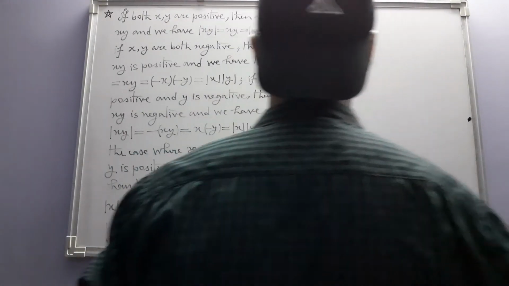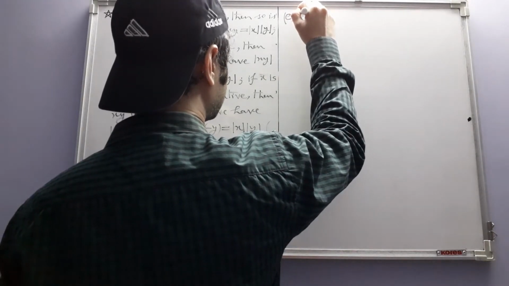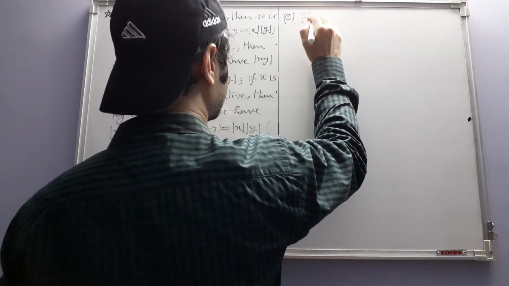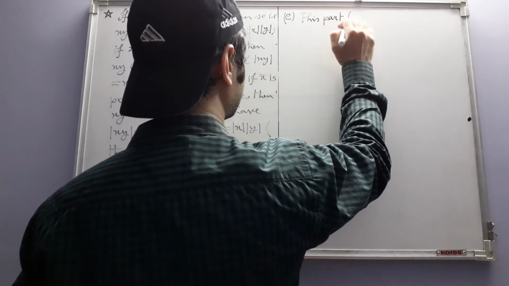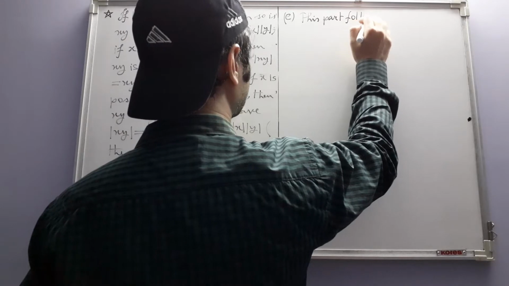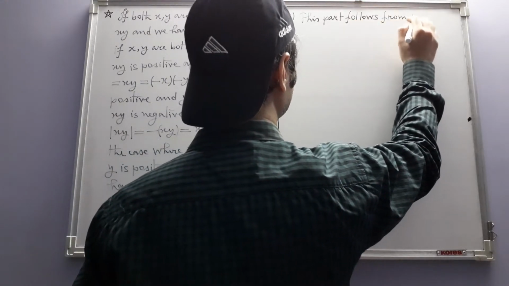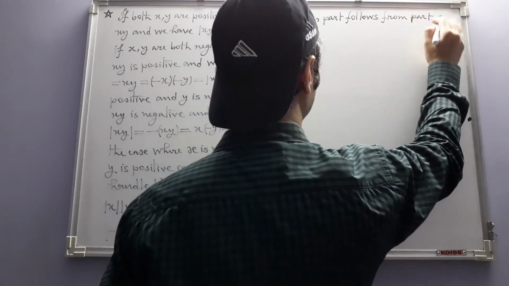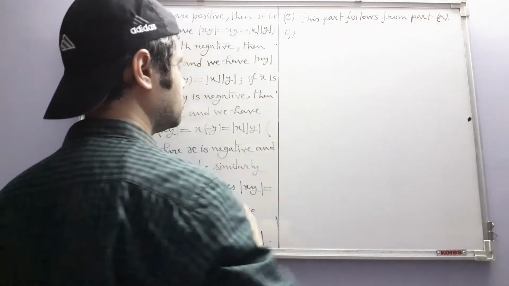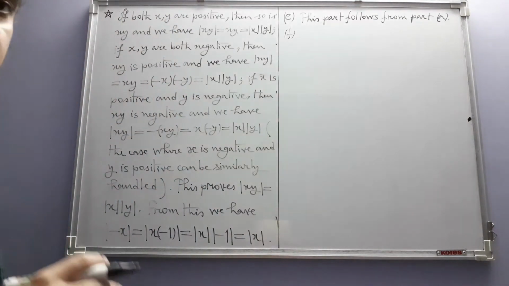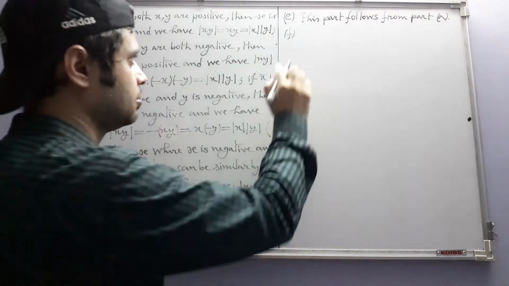So without writing anything much, we just simply write like this. This part follows from part A. In part F, we have been asked to prove that distance is symmetric in this sense.